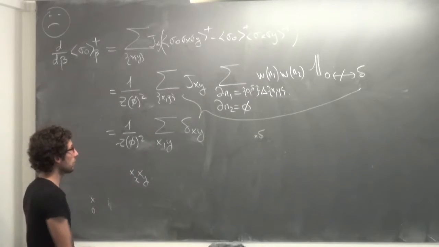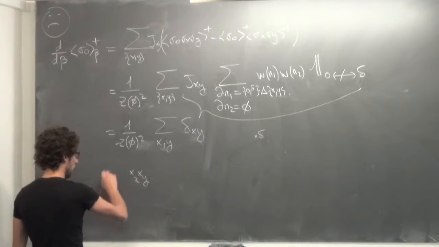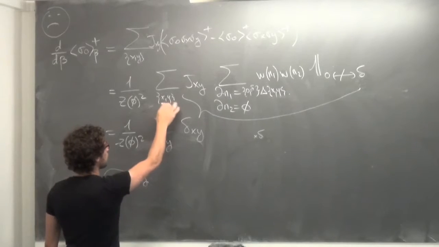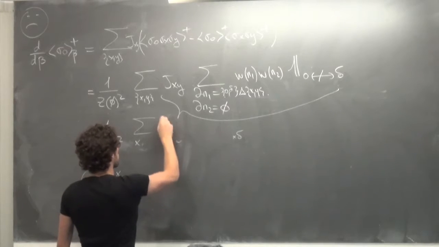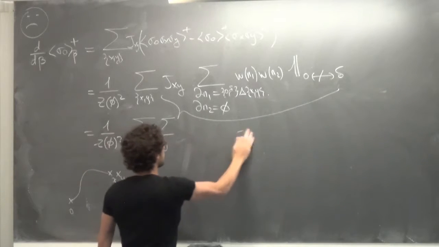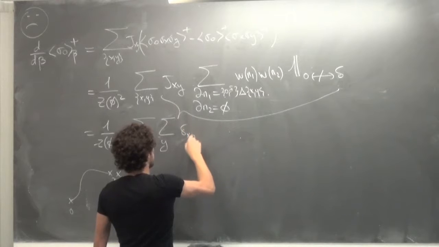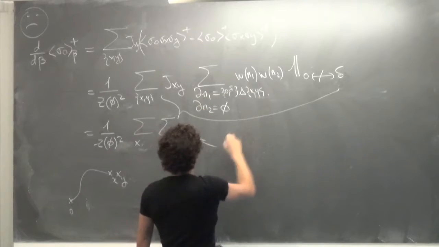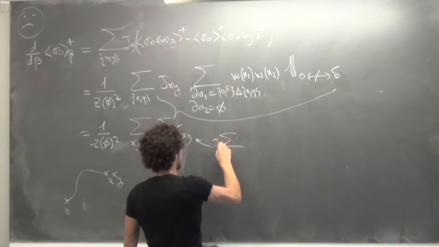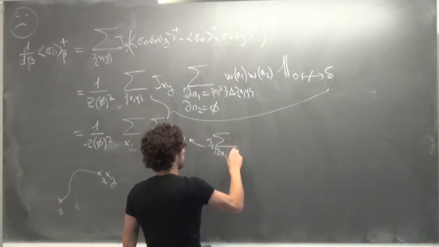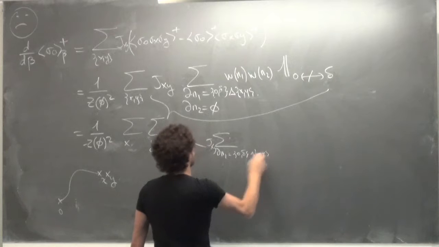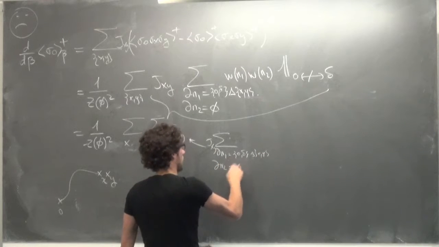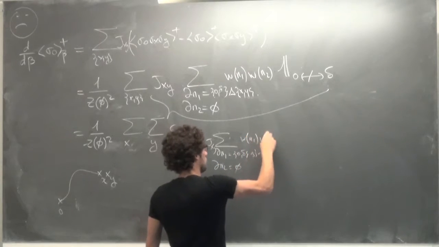So what I'm going to add here, because I'm not summing over pairs, is a sum over x, a sum over y, and delta xy is going to be this thing: J xy, sources, w of n1, w of n2.